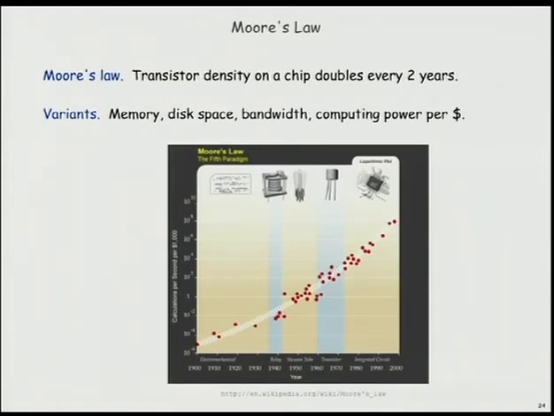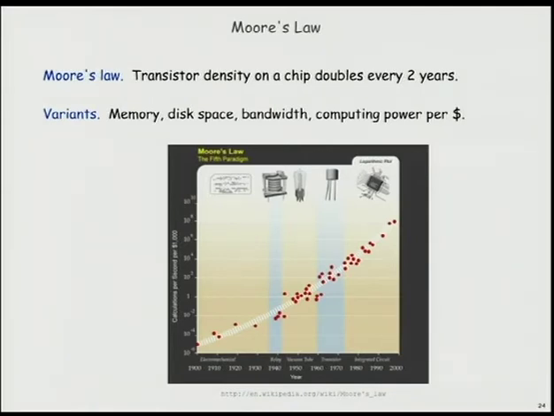So that was the starting point of Moore's law, and Moore's law can basically be stated as the transistor density on a chip doubles every second year. In other words, you can argue that we get double the speed every second year.